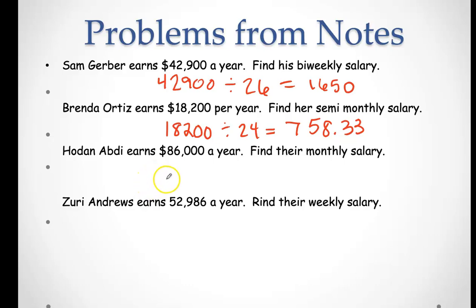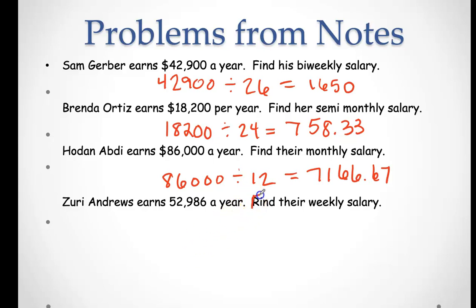Hodan Abdi earns $86,000 a year. Find their monthly salary. So I take 86,000, divide by 12, and I get $7,166.67. Zuri Andrew earns $52,986 a year.